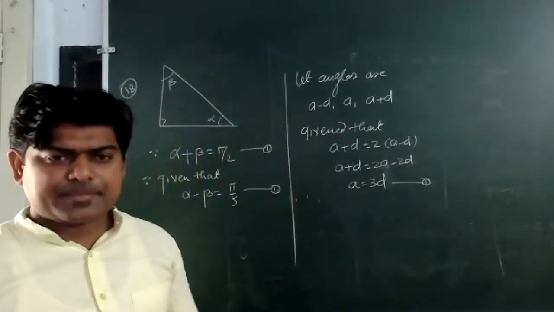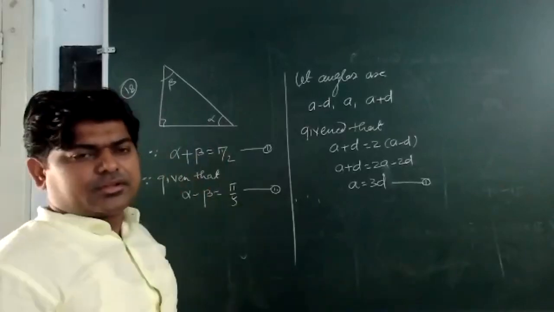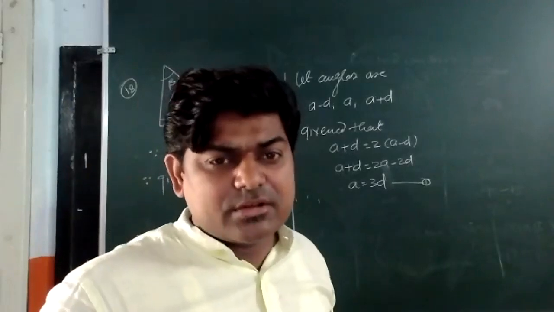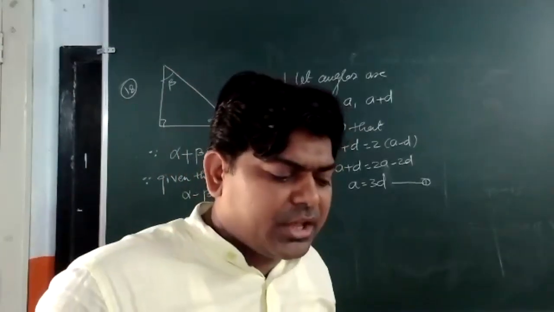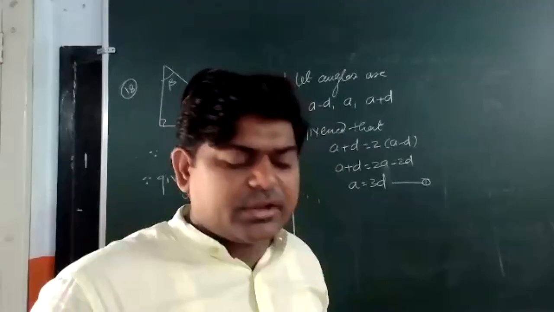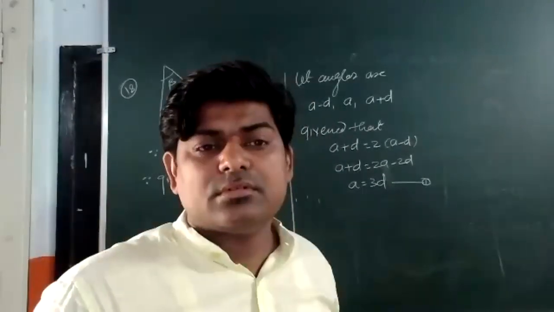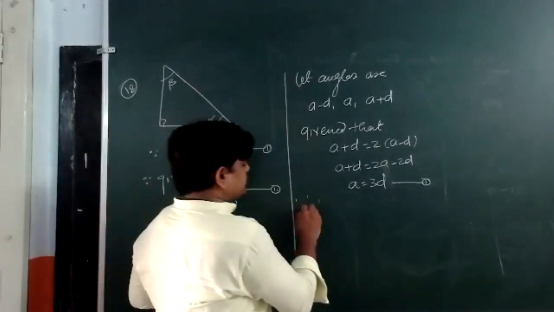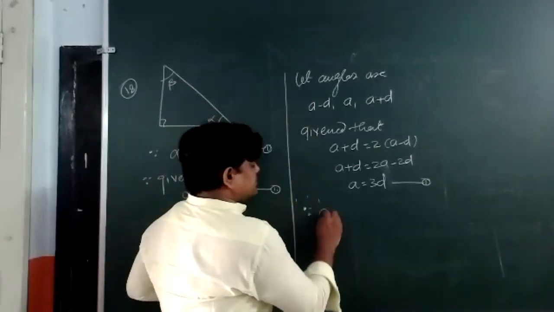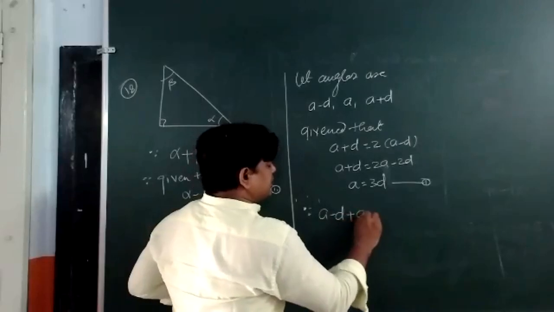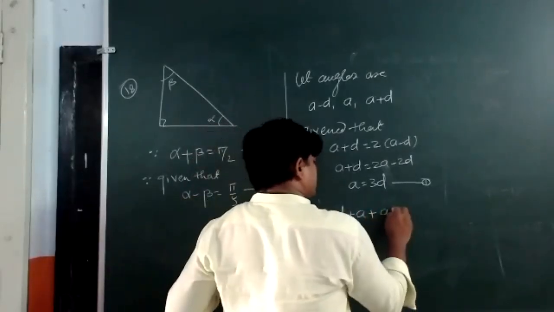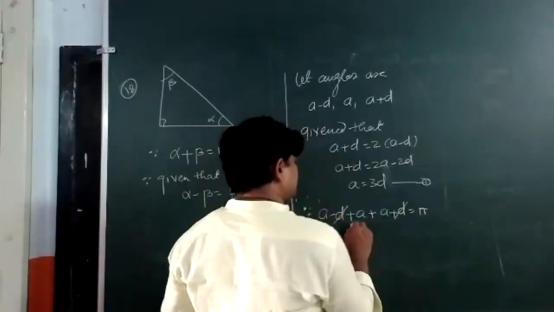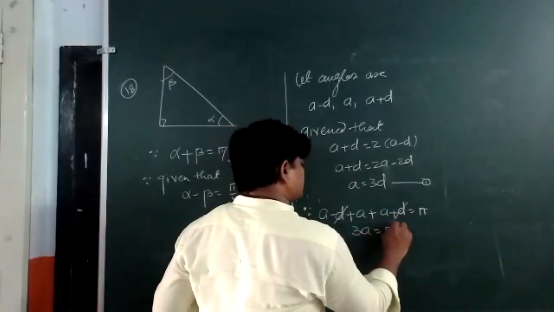One more thing, listen to me. Since the sum of the angles of a triangle is 180 degree, but if we want to write in radian, it can be written as pi. So here we should write: since the sum of the angles A minus D plus A plus A plus D is equal to pi, D and D can be cancelled. 3A is equal to pi.